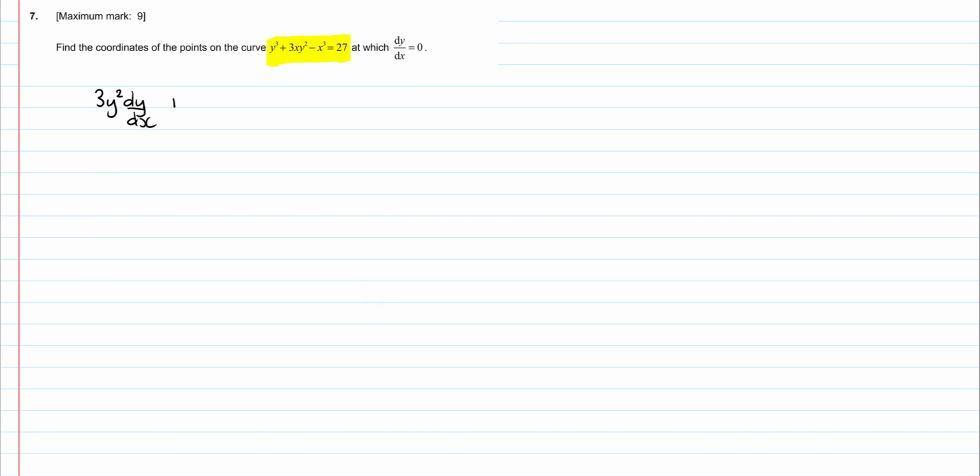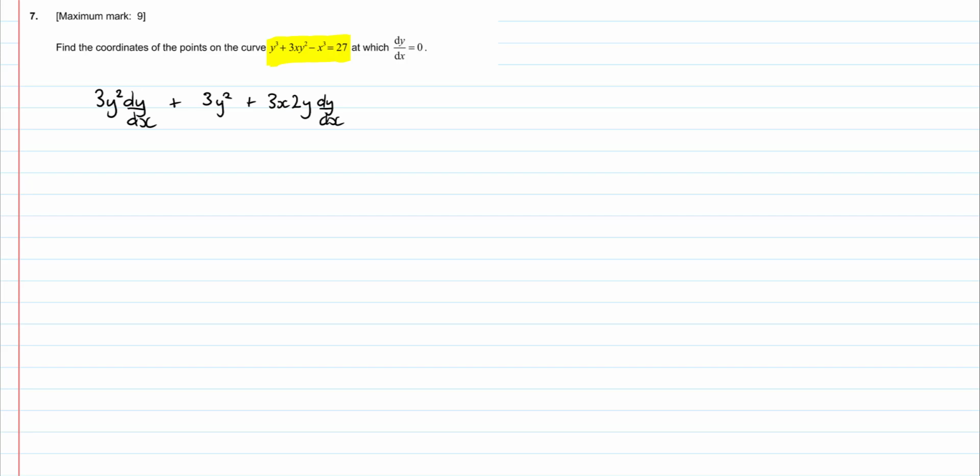And then for this 3xy squared, we're going to have to apply the product rule as well. If we differentiate just the 3x, we get 3 times y squared, plus 3x times the derivative of y squared, which is 2y times dy by dx.